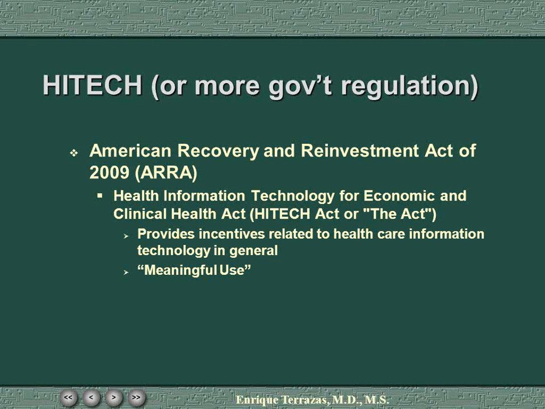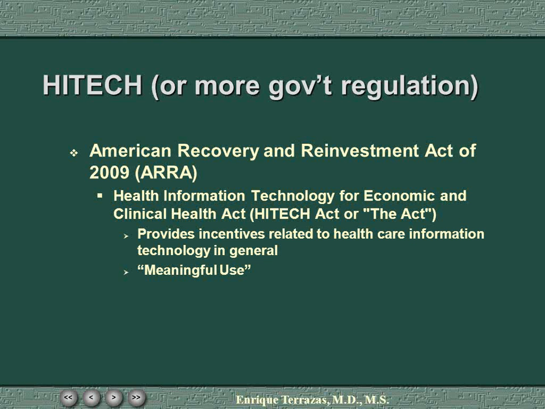So is that it for federal legislation? Not quite. We had the American Recovery and Reinvestment Act of 2009, also called ARRA, and one of the provisions of the ARRA is the HITECH Act, the Health Information Technology for Economic and Clinical Health Act, or just called the HITECH Act or the Act.